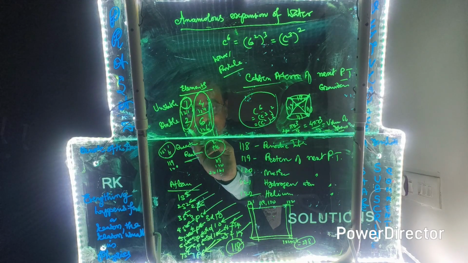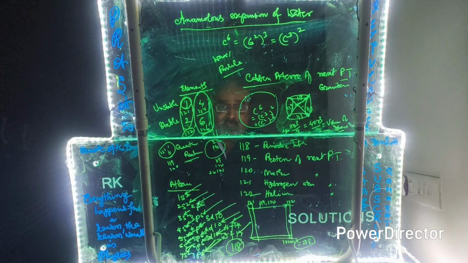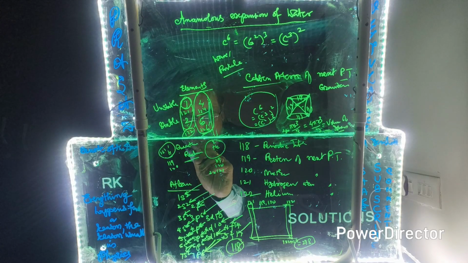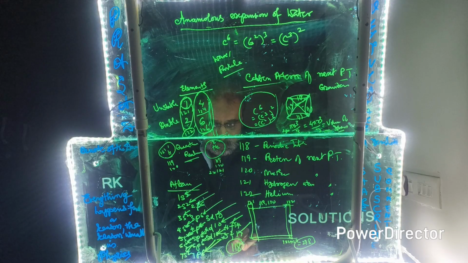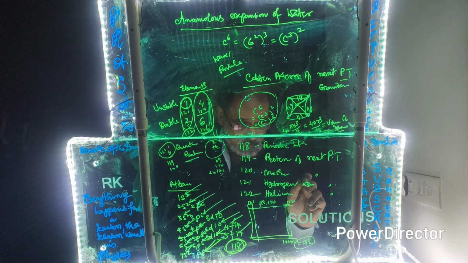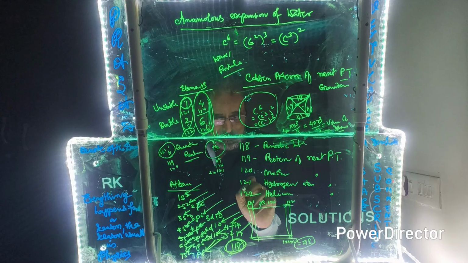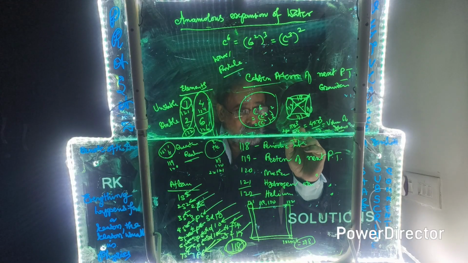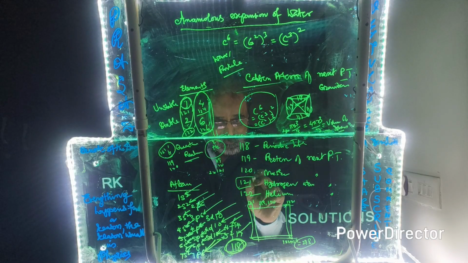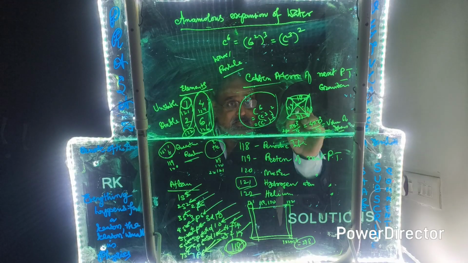These elements tend to become stable. This 122 is quite stable. This is the 122, which has 118 elements, 119 proton-like, 120 neutron-like. That is 121 is the hydrogen atom. And you can stop here. You can also say 4 into pi r cube by 3.